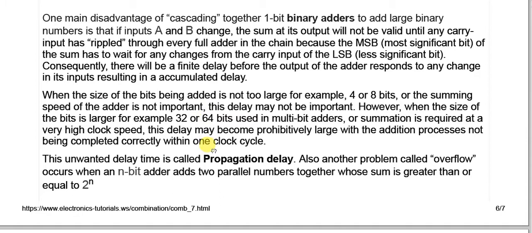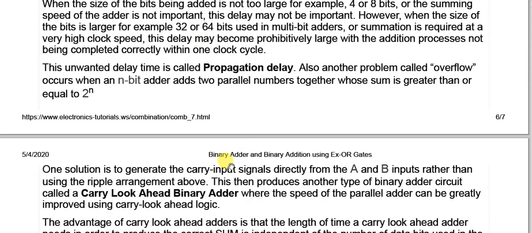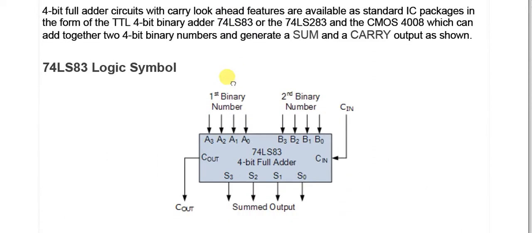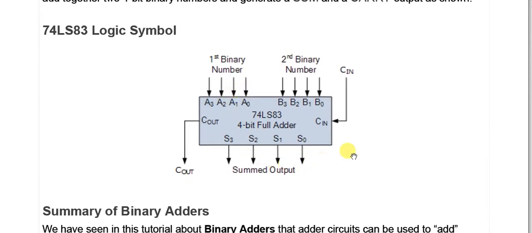Now this was the adder, and here is a practical example. The IC 7483 or 74LS83 logic, this is a TTL IC. This is a typical example of a 4-bit adder. It has 14 pins.